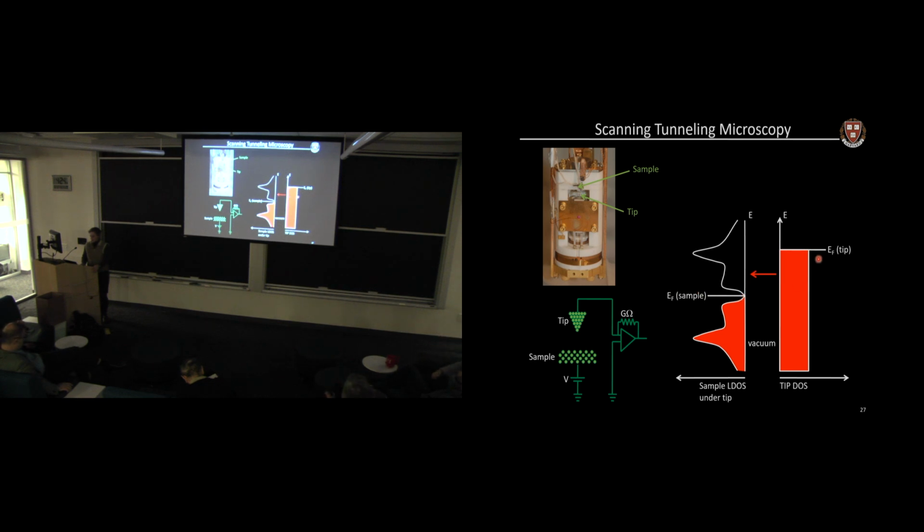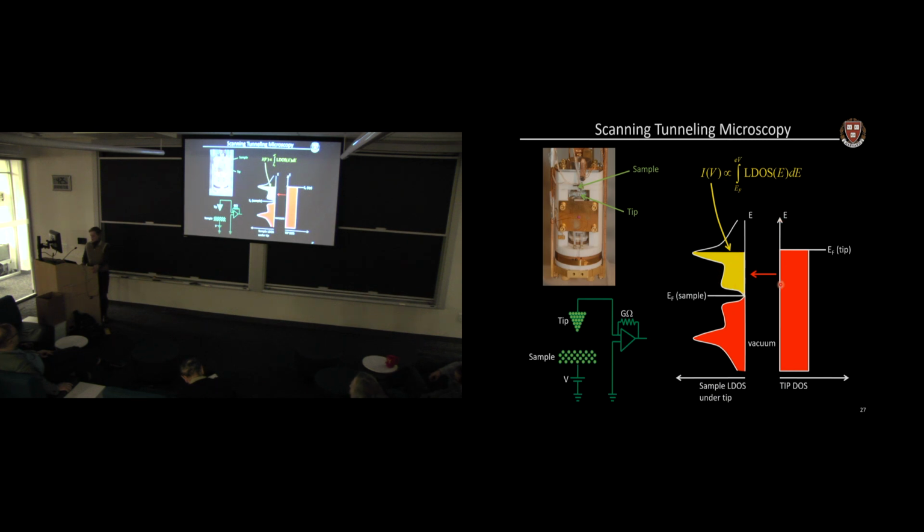And now all of these filled states here, we'll find it energetically favorable to move into these empty states here. And so the total tunneling current is going to be proportional to the number of filled states available for tunneling times the number of empty states for tunneling into. In other words, the current is going to be proportional to this rectangle times this integrated area here.